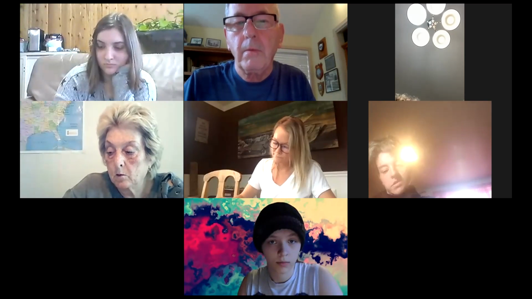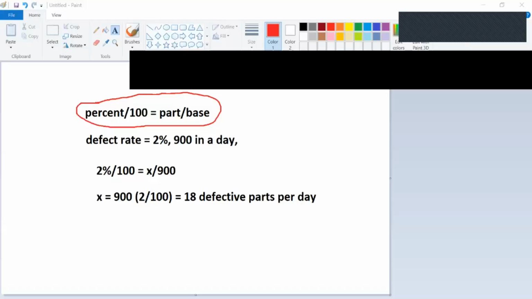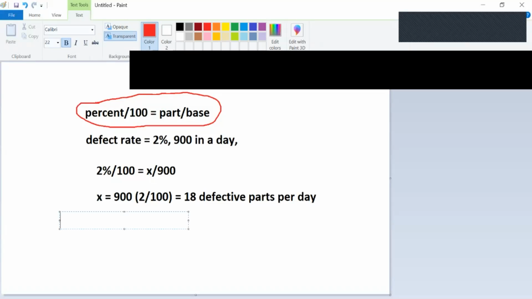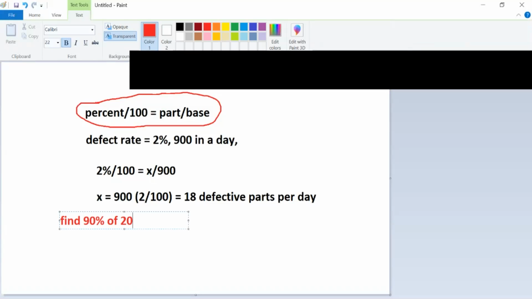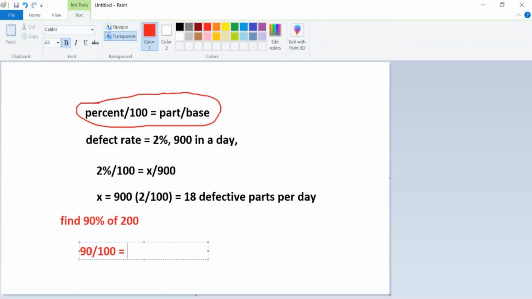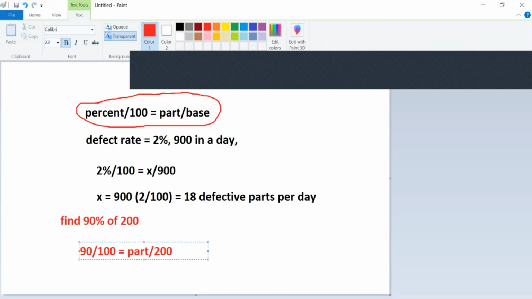You know what the rate is. It's 90%, right? It gives it to you. So 90% divided by 100 is equal to the part over 200. You're solving for that part, or in this case, I'd call it X.